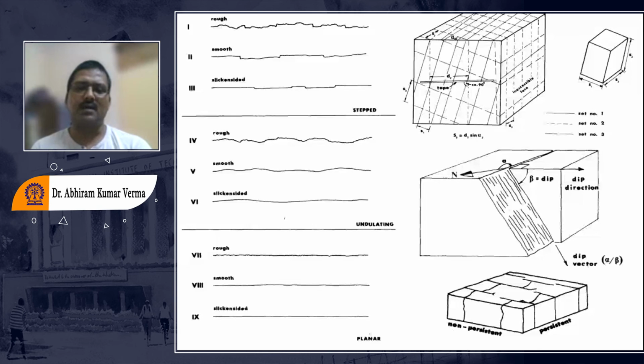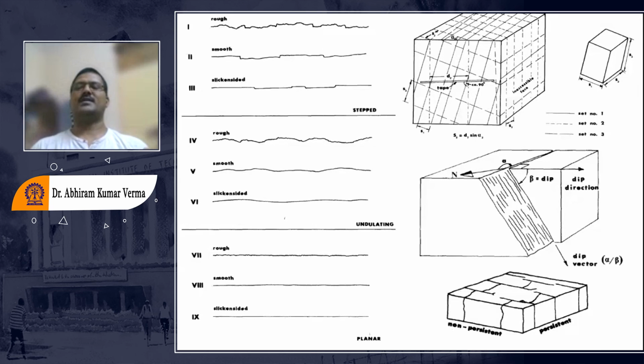In some cases it will not be. In those cases, we try to find the average spacing. That is the concept we are using. Based on that average spacing of all these three discontinuities, S1, S2, and S3, we can conceptualize.